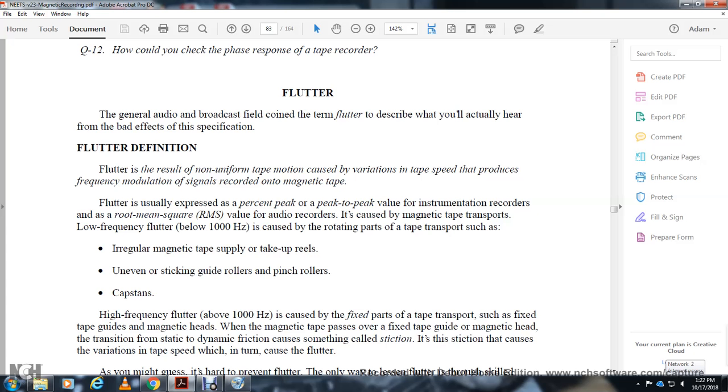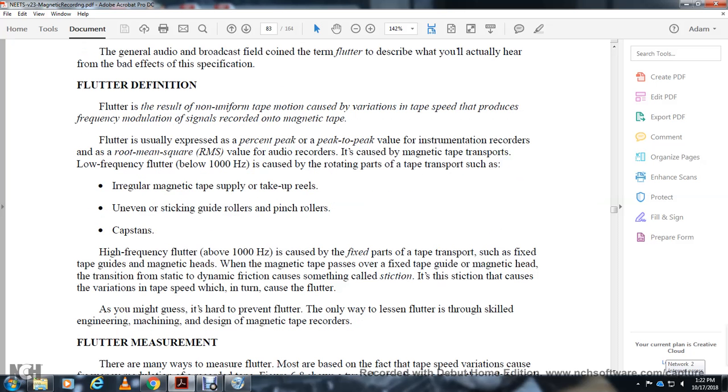Low frequency flutter is below 1,000 hertz, caused by the tape transport and the tape supply. High frequency flutter is above 1,000 hertz, caused by the tape transport head, the magnetic head friction, and the tape variation.